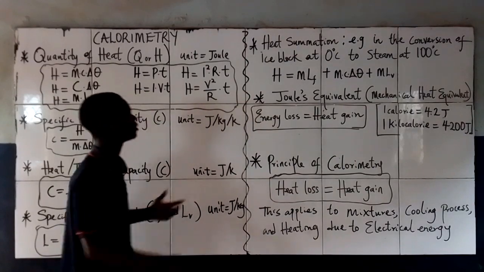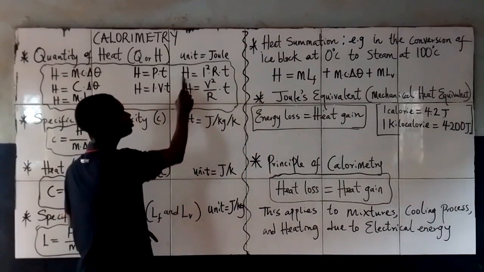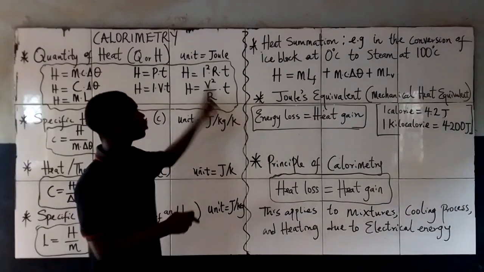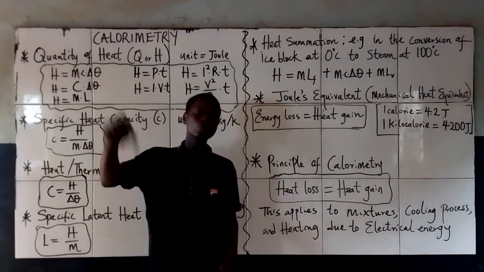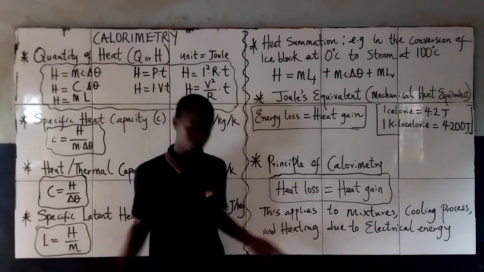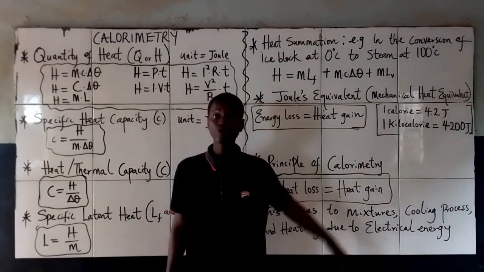Heat up the water. The electricity coming from the power source, because of the resistance in the coil, is converted to heat, and that heat is what heats up the water. So all of these are due to the application of the principle of calorimetry.